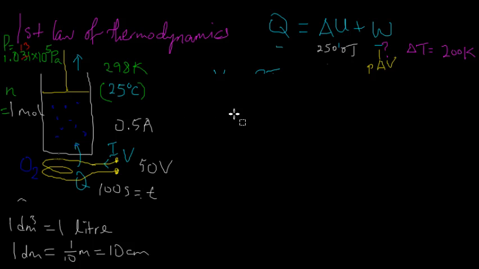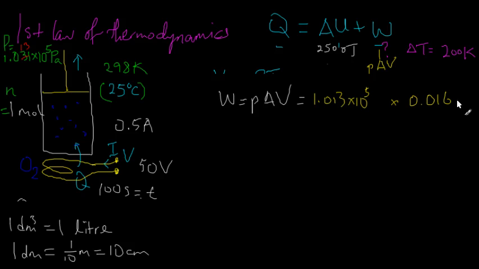So therefore the work done, which is P times change in volume, is equal to 1.013 times 10 to the 5 for the pressure, times change in volume, which if you recall was 0.016 meter cubed.